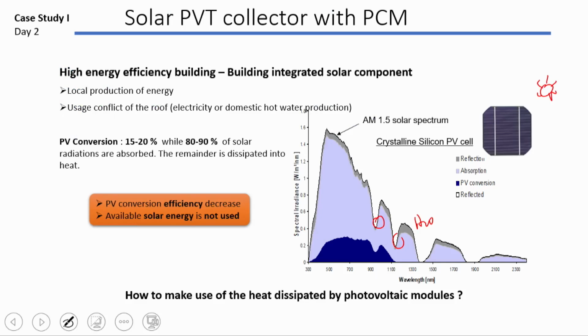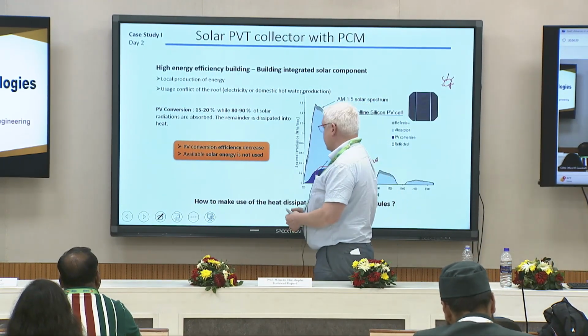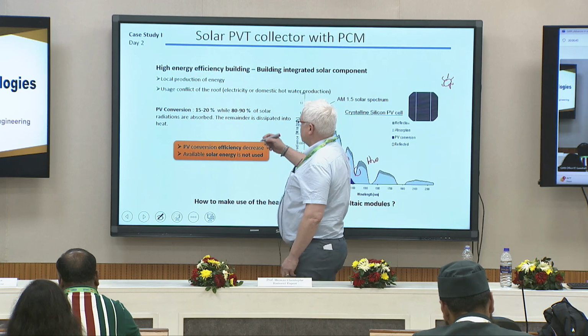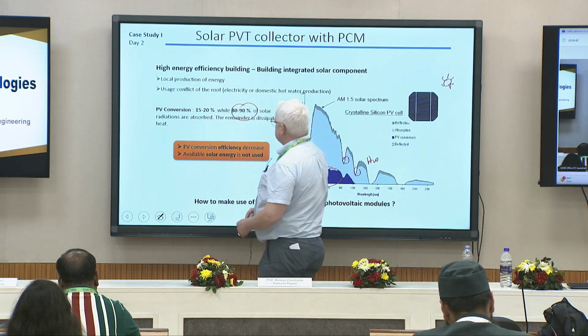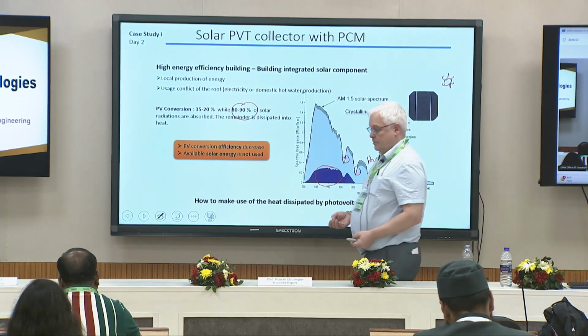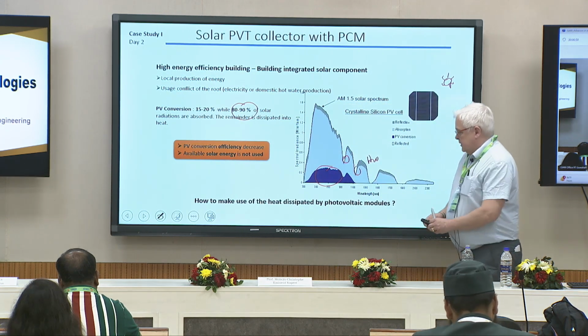Okay, so the only part which is useful for PV is in the short wavelengths, and most of the energy coming from the sun, around 80%, is not used. Okay, so is it possible to try to use a part of that, using the PV collector also as a thermal collector? Okay, so it's the first thing.